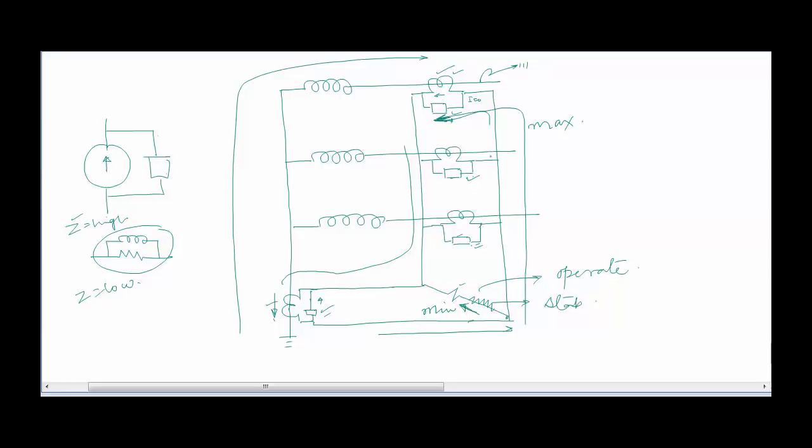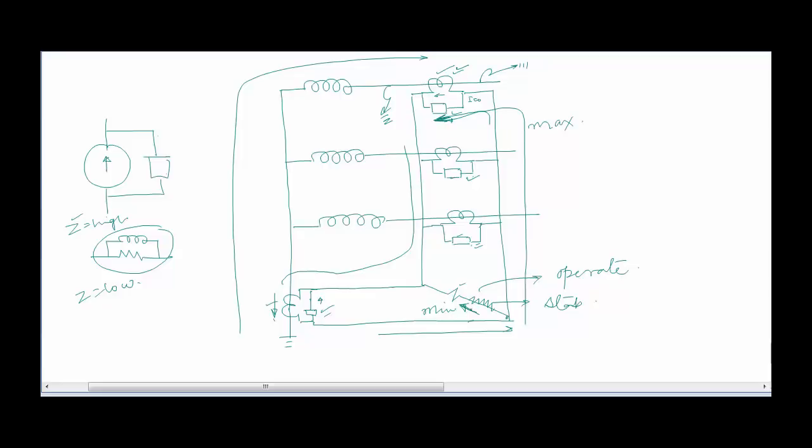Now there might be a question: how is this relay going to behave when there is a fault within the zone? Let us suppose that there is a fault at this point, the fault was massive and this CT gets saturated. Will the relay operate in that situation, because the same concept applies here as well?